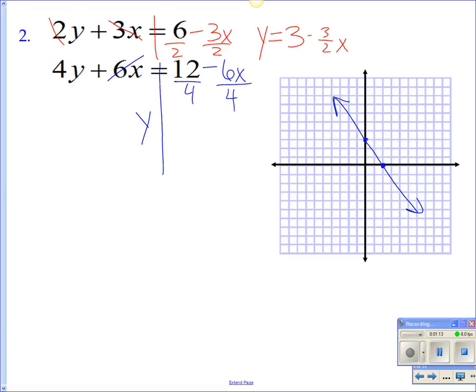And so we're going to have our y equals, what's 12 divided by 4? 3. What happens with 6 over 4? 3 over 2. Very good. You reduce it to 3 over 2. Without your calculator, those are both even numbers, so they divide by 2. Okay, how do I graph that on the graph?